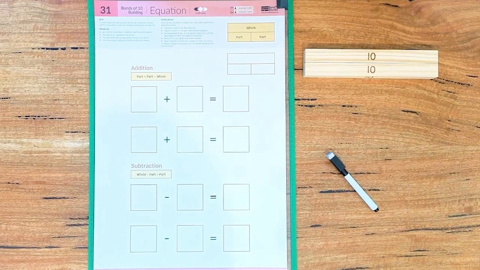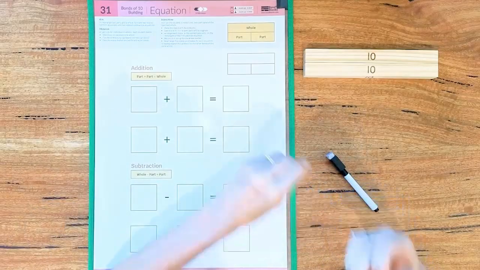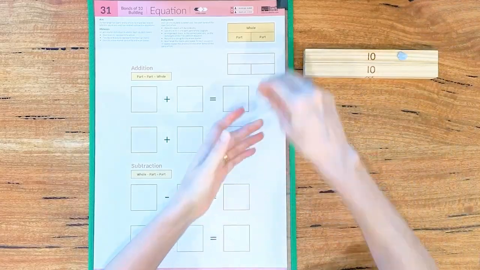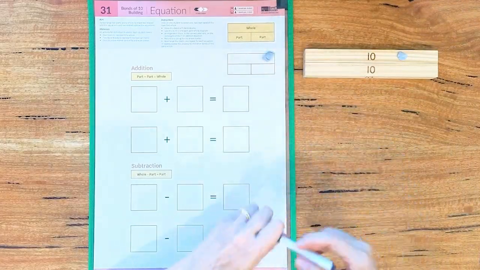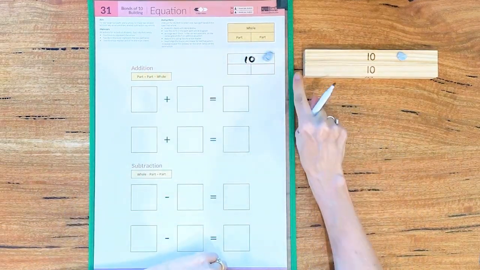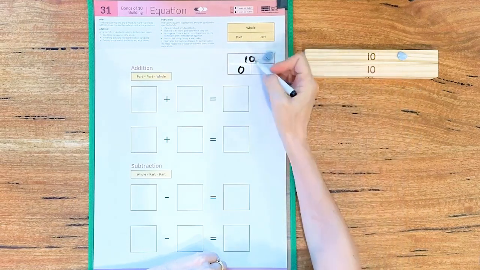To stop me getting confused between the whole and the parts, I'm going to use a piece of blue tack. I'm going to place blue tack on the block that is the whole so that I can remember. The whole of 10 is equal to the part of 0 and the part of 10.